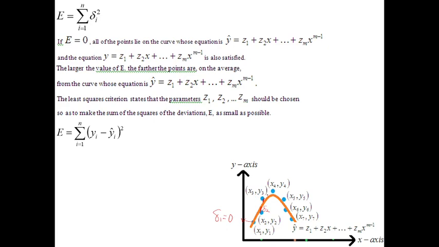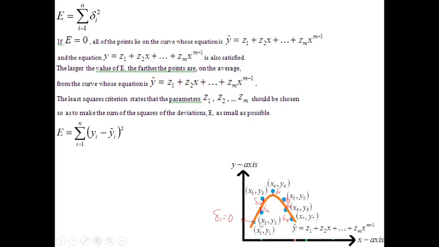Dito yung agwat na vertical distance, delta sub 3, delta sub 4, delta sub 5. Tapos dito, konting gap, delta sub 6, konting gap, delta sub 7. So, sa example na to, no?